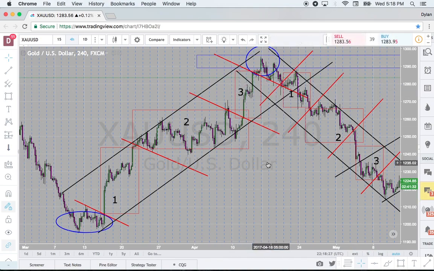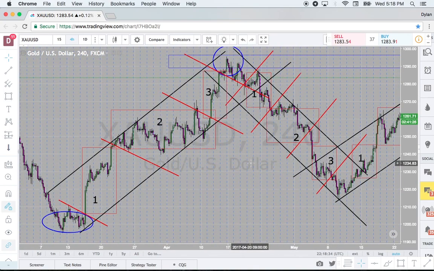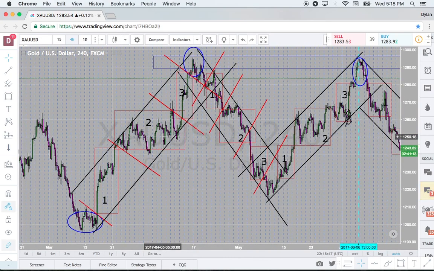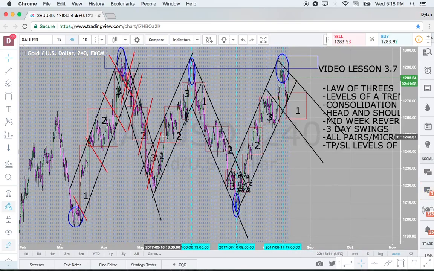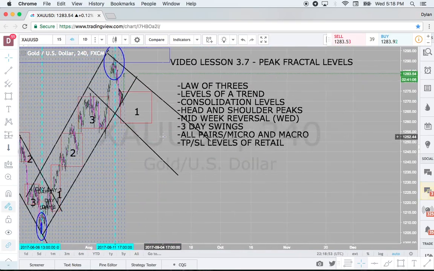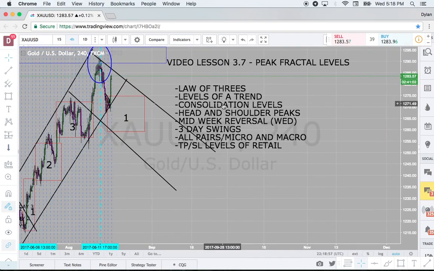Now, if you have not noticed already, there's a pattern going on. That's pretty obvious, but there's a different pattern than what you're thinking of. The head and shoulders pattern is what I'm talking about. Let's just look over some of the things we've talked about, things we've discussed so far.